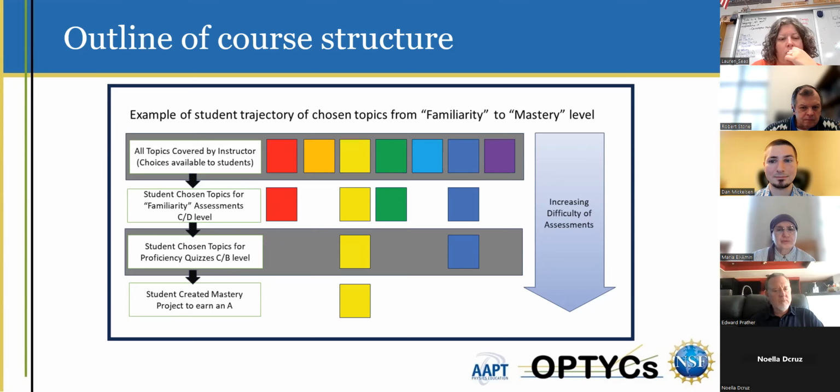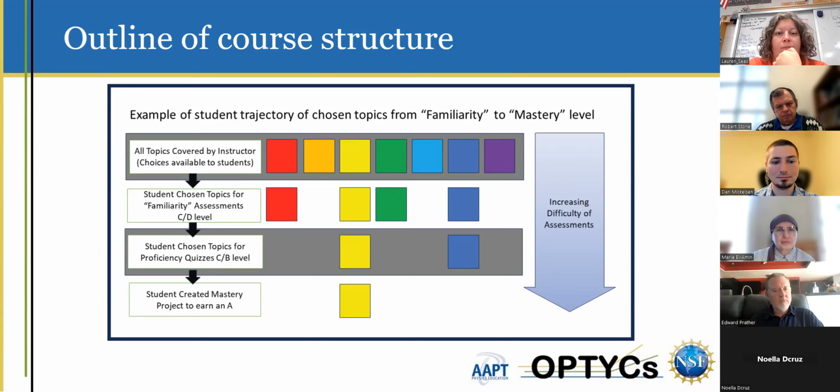And if they successfully completed that, they were going to be in the C-B level range. And again, the students knew this ahead of time. And then finally, if they really wanted an A in this course, they had to create a mastery project on one of the topics they had chosen.